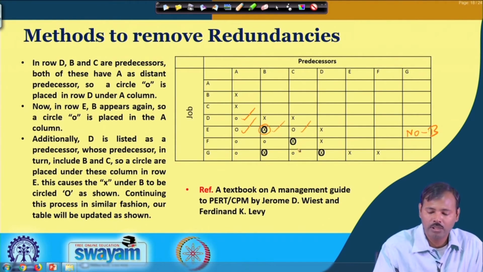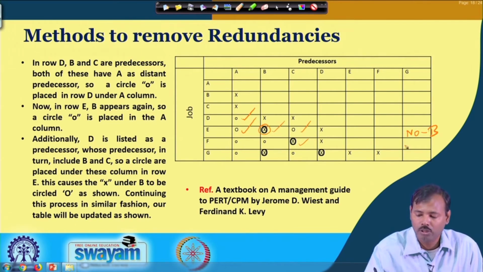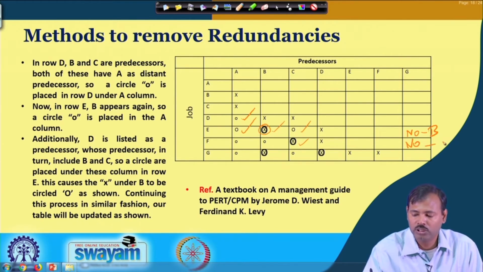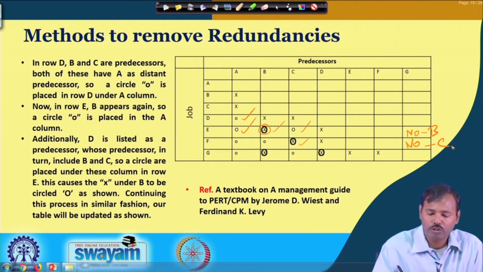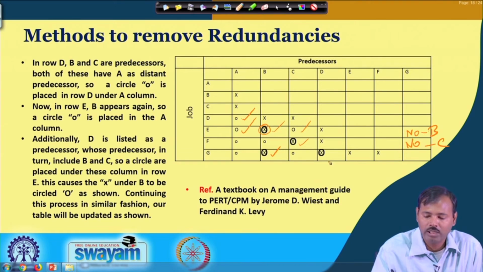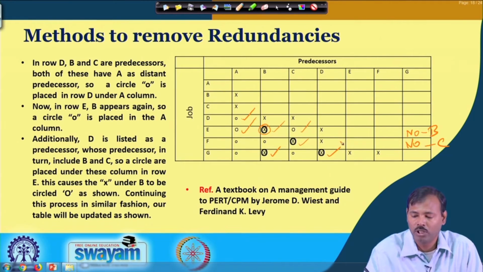Similarly, we have for job F, where C is coming as both an immediate and distant predecessor. So, C is not required as the immediate predecessor. For job G, similarly you can see B and D are mentioned here as both immediate and distant predecessors. So, we do not need B and D here.